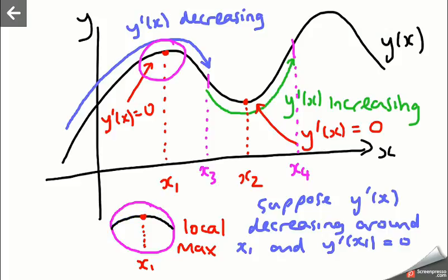So it must be the case that x1 is a local maximum. So if y prime of x is decreasing around x1 and y prime of x1 equals 0, then x1 is a local maximum.